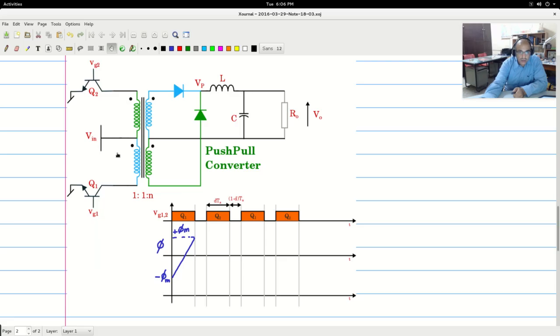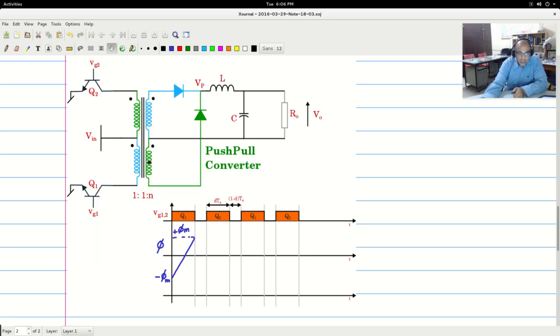If you look at the magnetics, there is an IL by 2 entering the non-dot end, coming out to the dot end. There is an IL by 2 entering the dot end here, coming out of the non-dot end, and then joining up at this pole point, and then going as IL into the inductor.